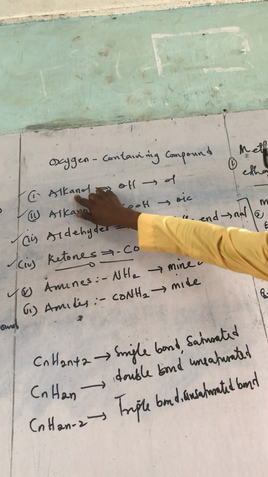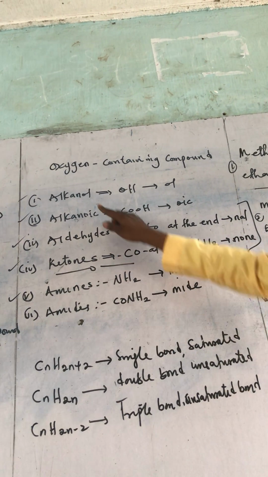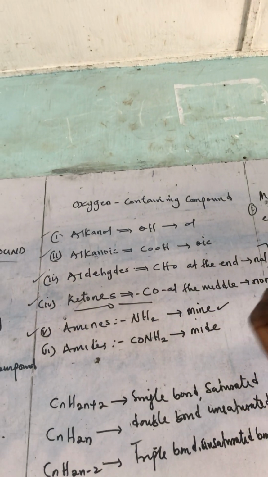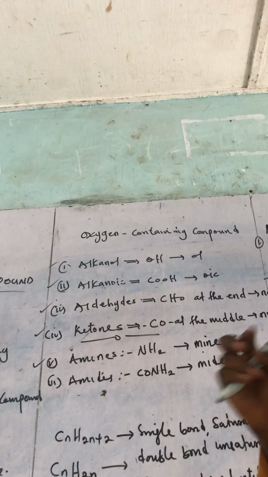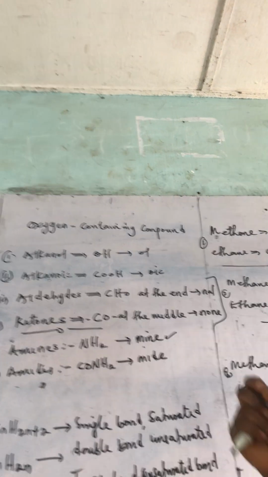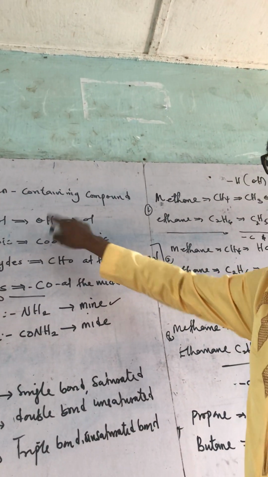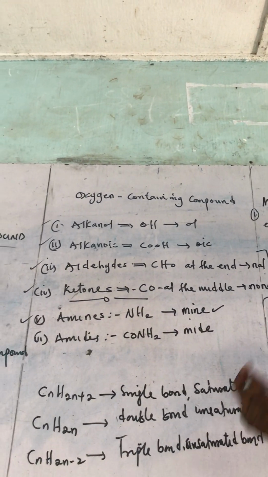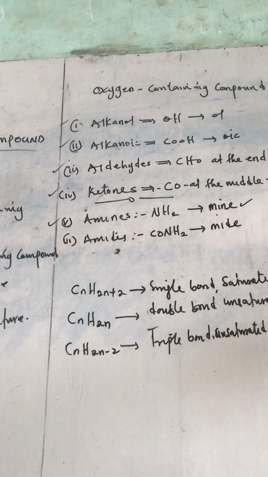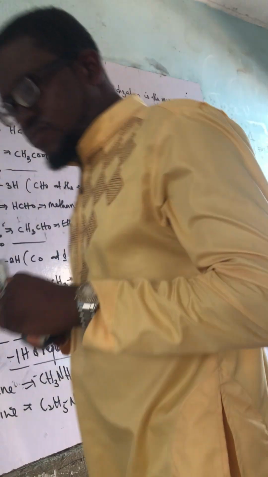CO. So how do you form alkanol? It's very simple. It is coming from alkane. What you have to do is remove one hydrogen atom from any member of alkane and replace with what? OH. Very simple as that. For instance, methane. Methane is CH4.